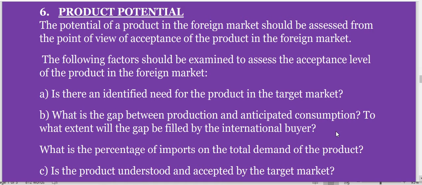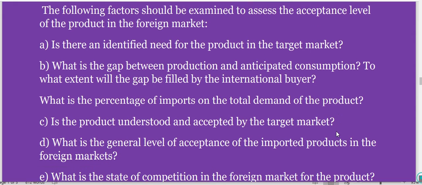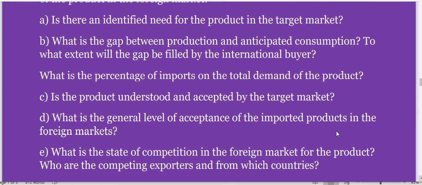I have compiled some factors for you to consider when you are choosing a product for export in the international market. Now, is there an identified need for the product in your target market?